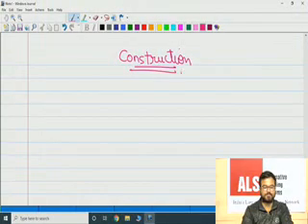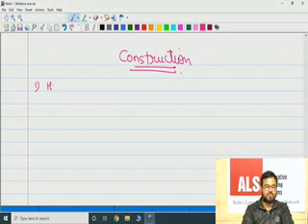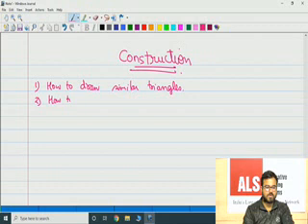Okay, welcome back students. So now only one chapter is left in our syllabus, which is construction. So in this 10th class, in the construction, what we are having: how to draw similar triangles, and second one, how to draw tangents to a circle.